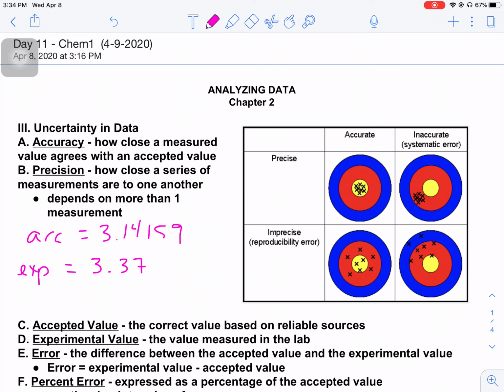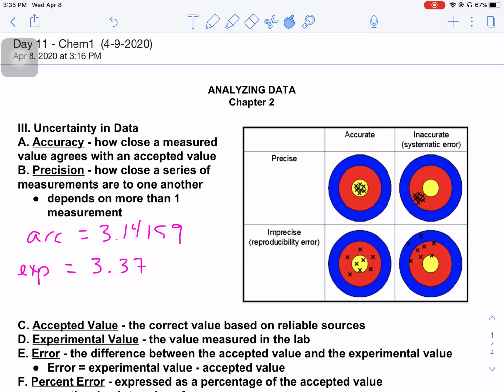We realize that we're close, but we've kind of missed the mark a little bit. So the accepted value is 3.14, and experimentally we maybe measured and calculated the value for pi in a lab, and that value was close, but maybe a little bit off its mark. So, we can describe accuracy a couple of different ways, and one of those ways is going to be error.